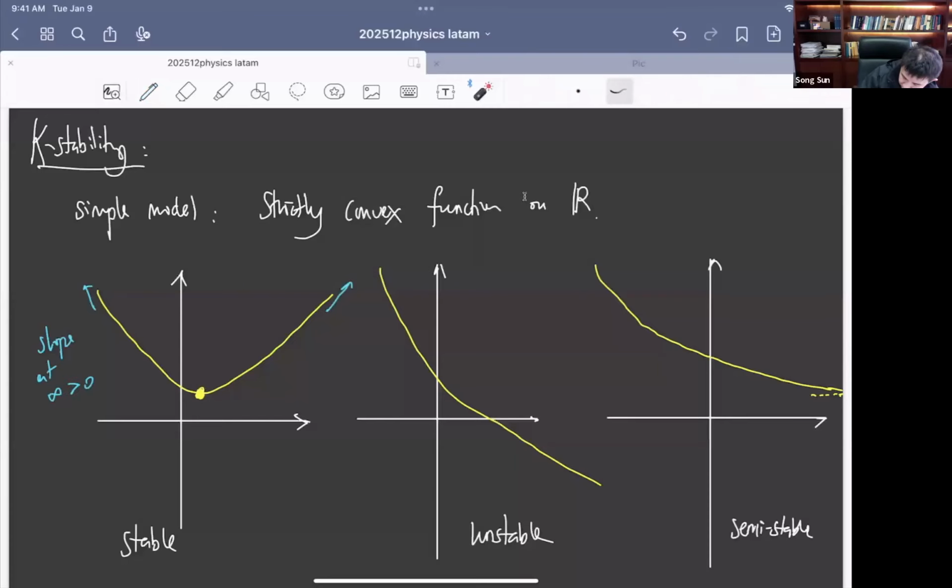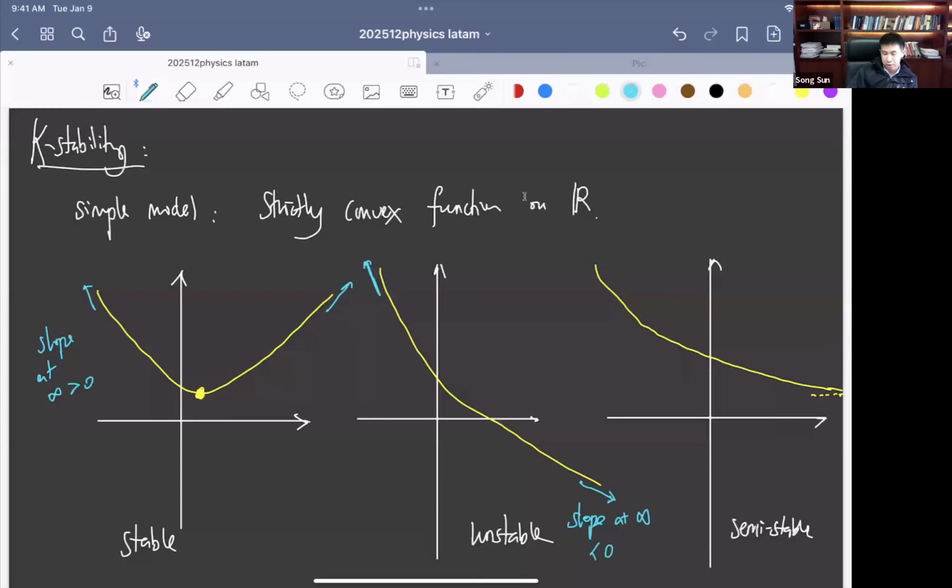But by this, I mean you have to go along the direction where the slope is positive. Here, this slope is negative at infinity, but you have to go this direction, so the slope is actually positive. In this picture, the slope is positive in this direction, it's growing, but this is negative. This is slope at infinity.